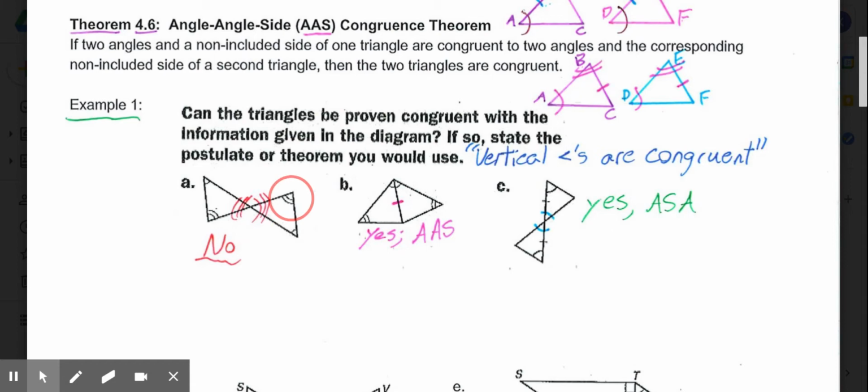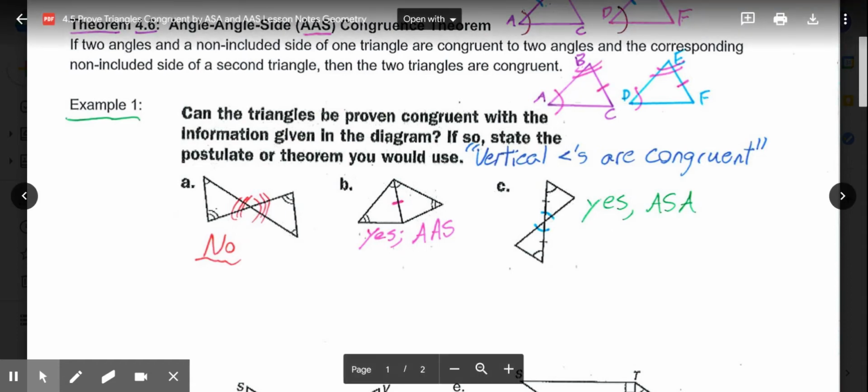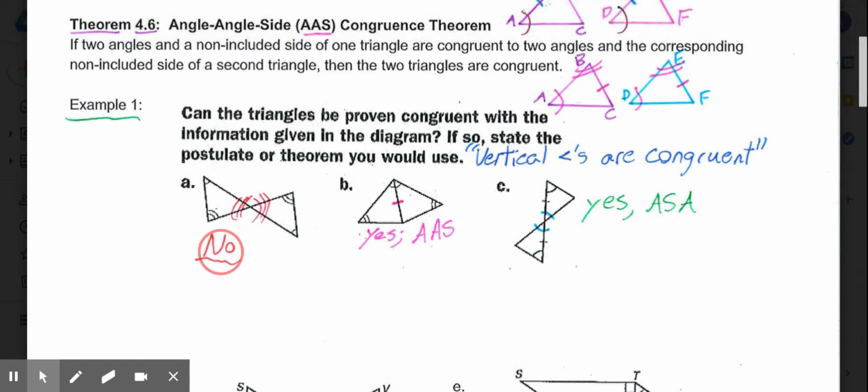Then the upper right here is congruent to the bottom left there. And these two here are vertical angles, so they're congruent to each other. But we do not have a postulate or theorem that is angle, angle, angle. So without knowing any side lengths, we could not say these two triangles are congruent.